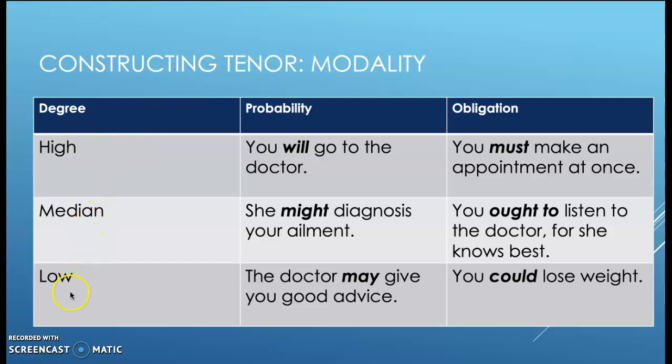Modality can be high, medium, or low. If you think about high modality, as in you will, it will happen, or you shall, there's a high level of obligation. In median modality, there's a possibility that it may not happen, and in low modality, it's highly unlikely.